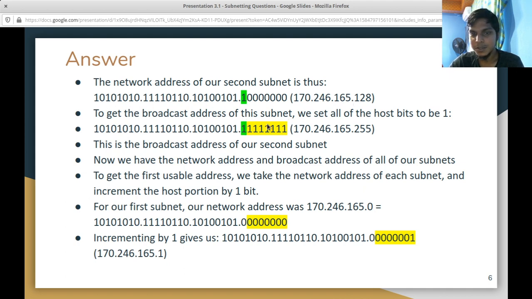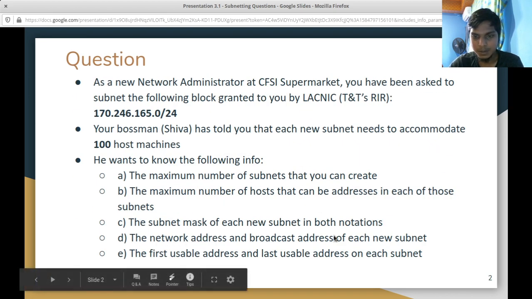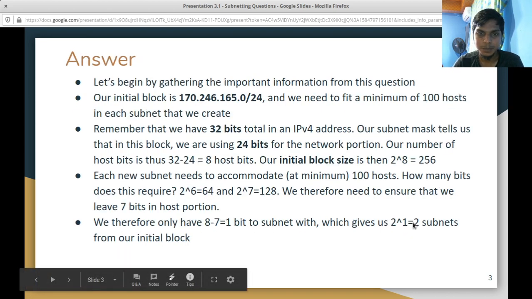And now to get the broadcast address, we set all of the host bits to be 1, which gives us this in decimal. This is the broadcast address of our second subnet. So I hope you're following how we get the network address and then how we get the broadcast address. Now we have the network address and the broadcast address of all of our subnets. So that was the question that we had here, network address and broadcast address of each new subnet.